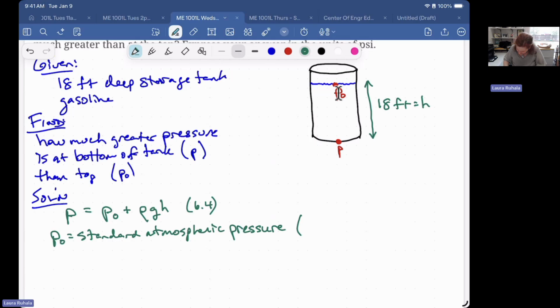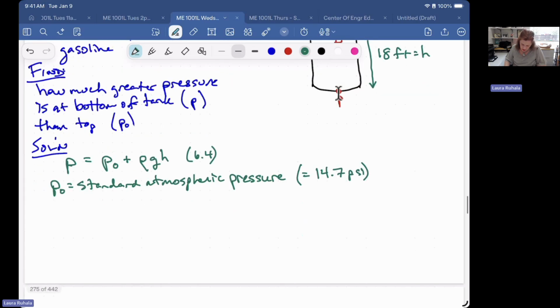Okay, that is equal to 14.7 psi. So standard atmospheric pressure at sea level is 14.7 psi. What we need to find is how much greater the pressure is at the bottom than at the top. So we're looking for some delta P. Delta P is going to equal the difference.